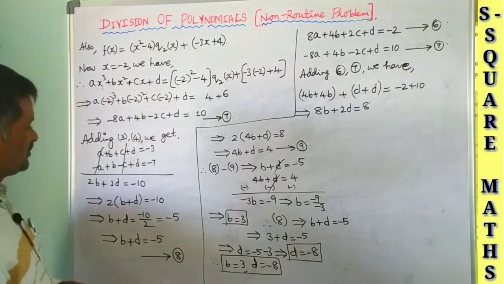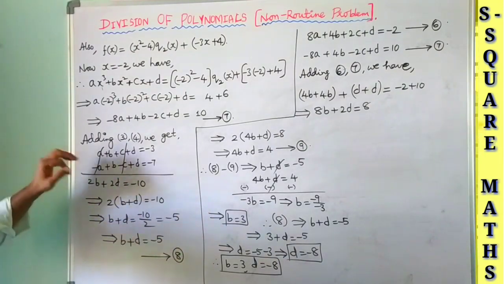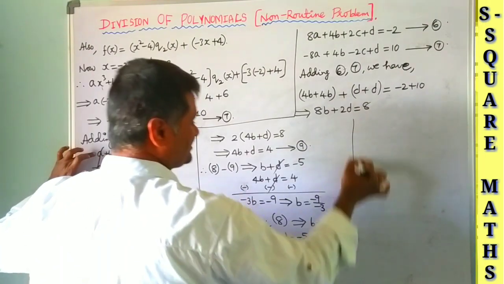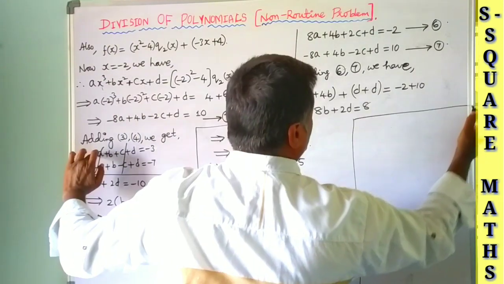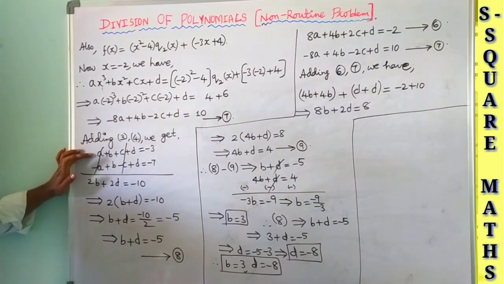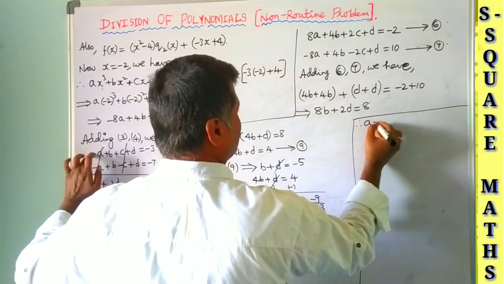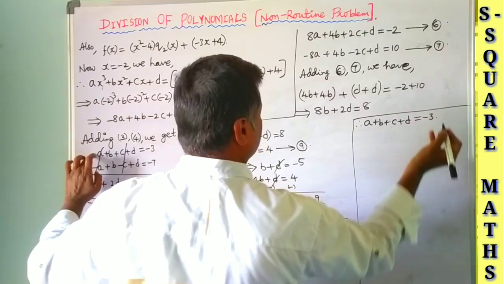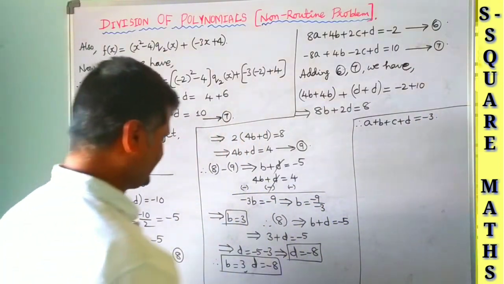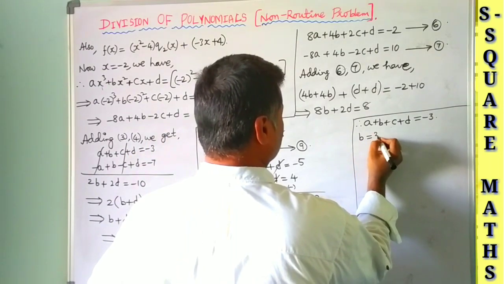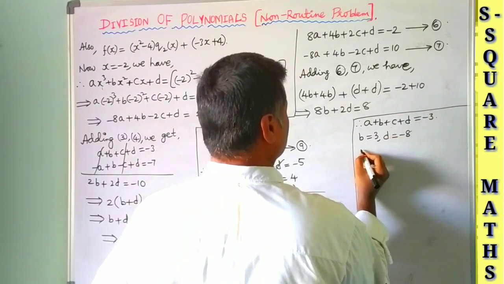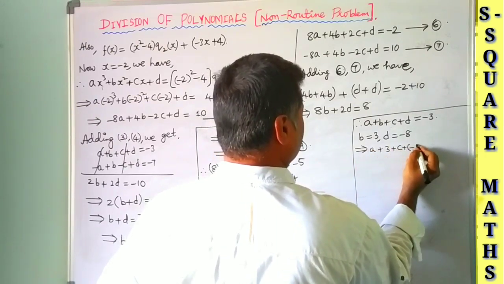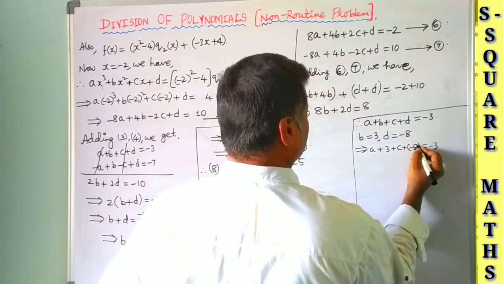Now if you observe carefully, b is equal to 3 and d is equal to minus 8. Substitute in which equation? This equation. So now I can write a plus b plus c plus d is equal to minus 3. With b is equal to 3 and d is equal to minus 8, this implies a plus 3 plus c plus minus 8 is equal to minus 3.